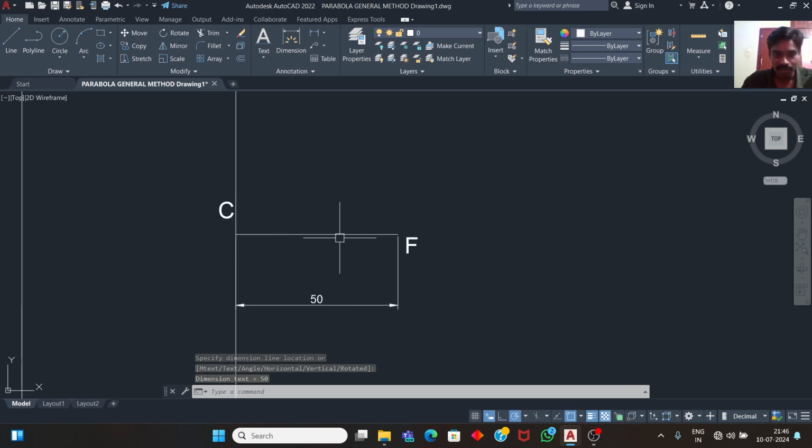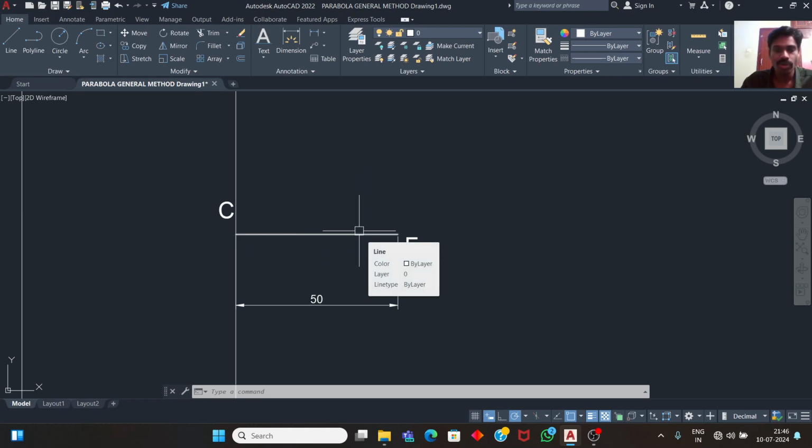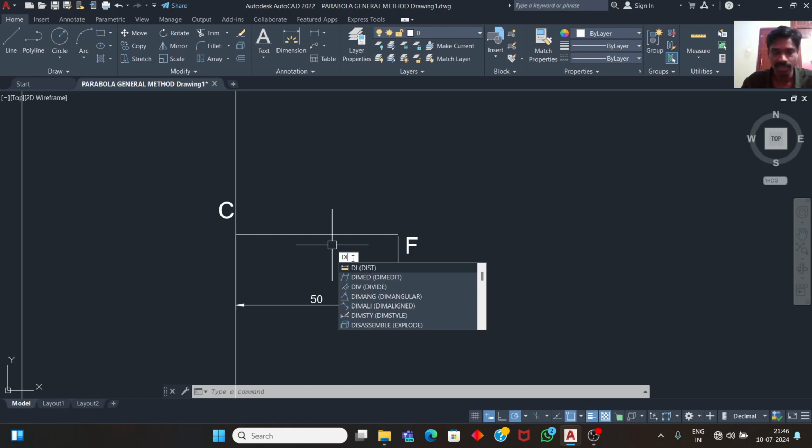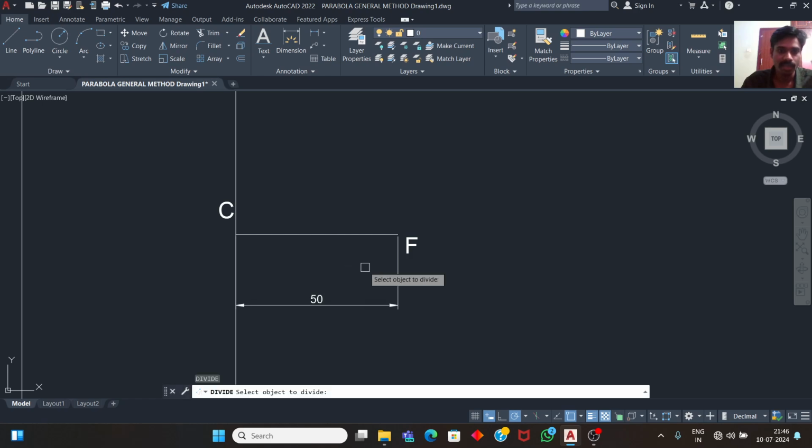Now, we need to divide this line into two equal parts. How to divide? By using the divide command, we can divide this line into two equal parts because the eccentricity value is 1. So, divide, the shortcut is div. Enter and click on this object, that is the line.